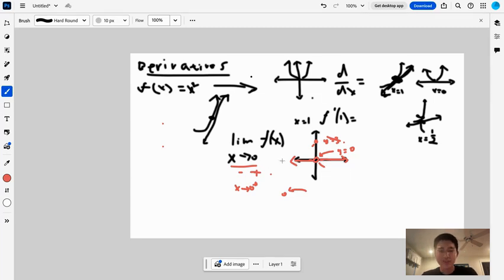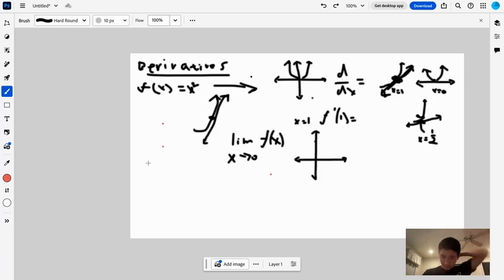And so how does this relate to derivatives, and why bother doing the limit of something? Well, for starters, the derivative can also be defined through limits.